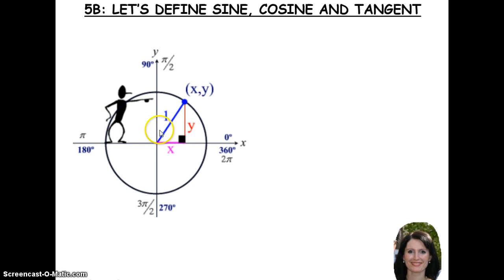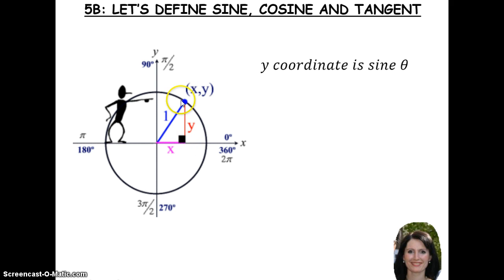We know that it's a unit circle because one unit is from the centre of the circle to any place on the circumference. Now, what we also want to know, and what we're going to learn about here, is that the y-coordinate of your point xy is your sine theta value. So this point here, xy, if we were to label that point, the y value would be sine theta.